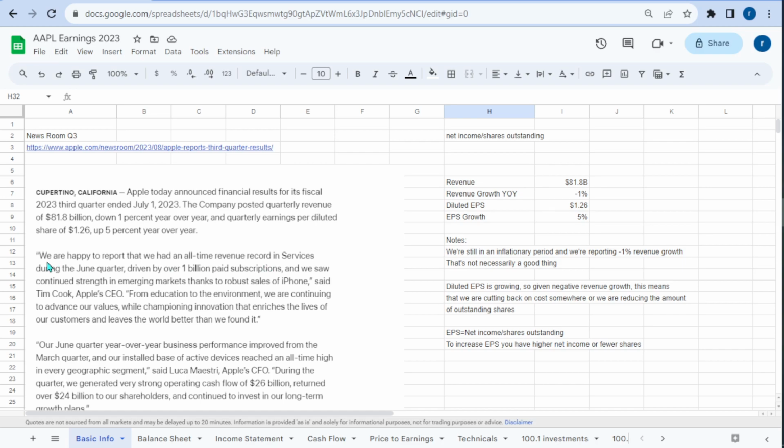All right, so right here, they said, we are happy to report that we had an all-time revenue record in services during the June quarter, driven by over 1 billion paid subscriptions, and we saw continued strength in emerging markets thanks to robust sales of iPhone. So right here, they did mention something about their services revenue being at all-time highs.